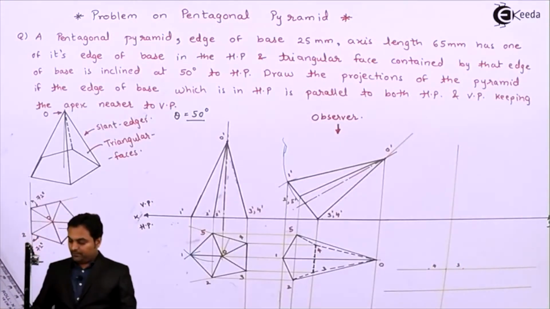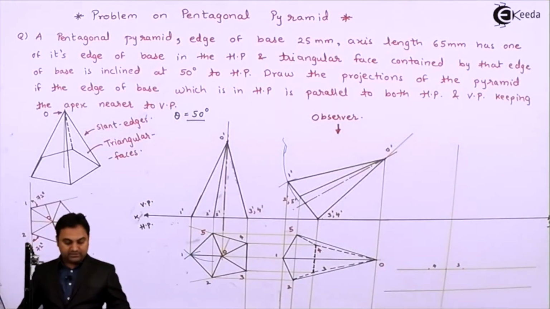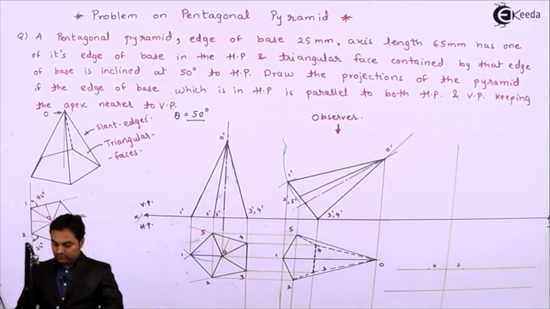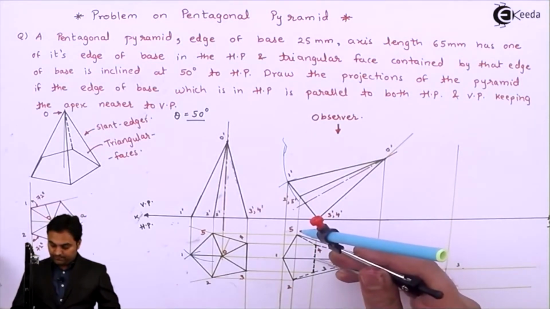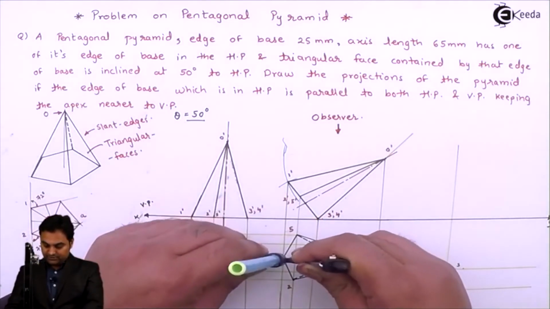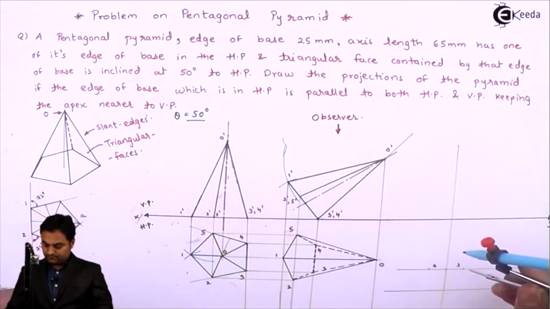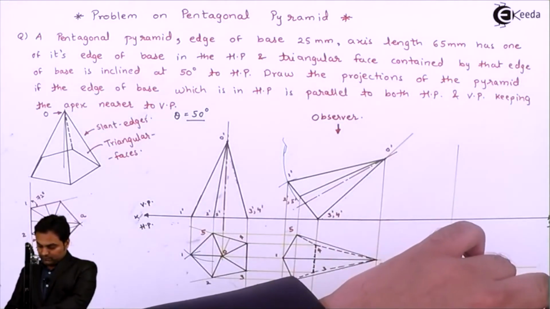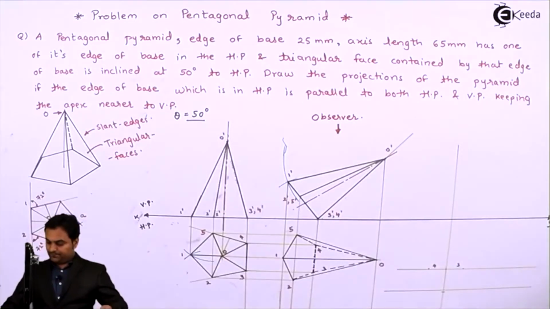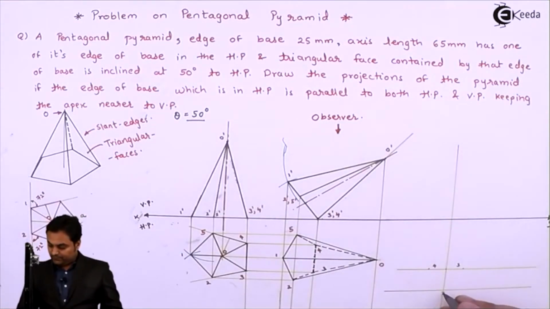Drawing a perpendicular line. Over this I'll mark from this edge 3 4 up to distance 1, up to 1. So here I will be getting point 1.